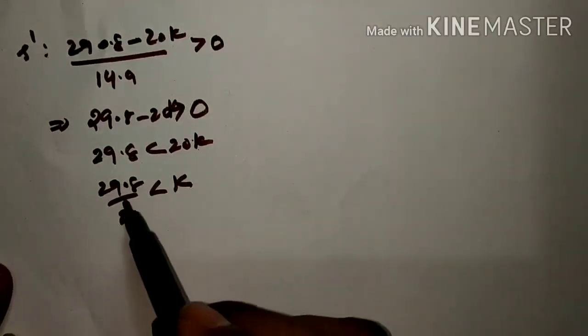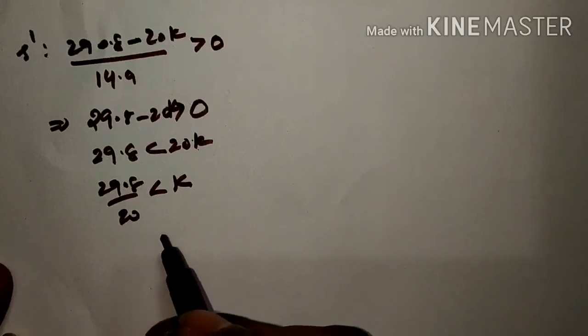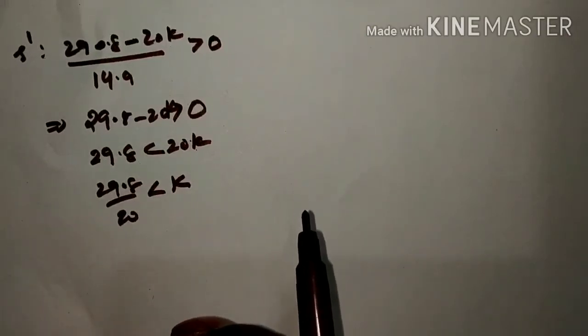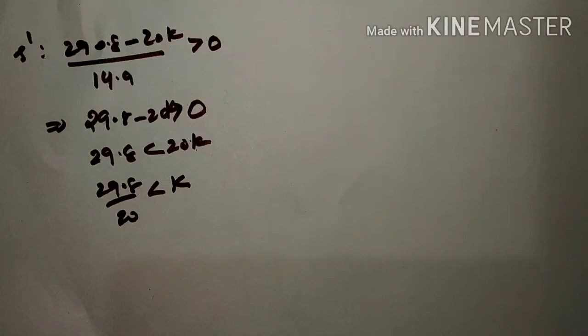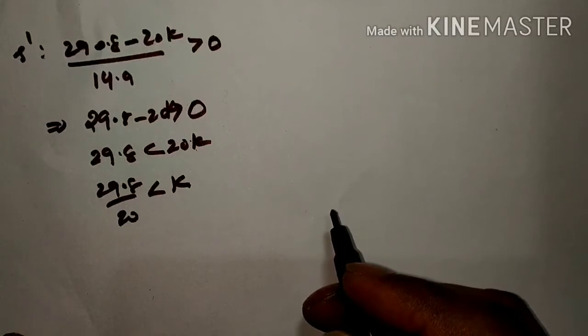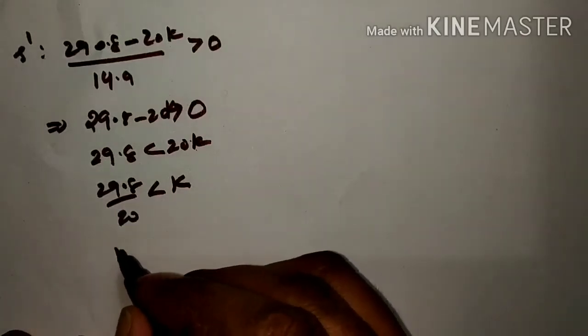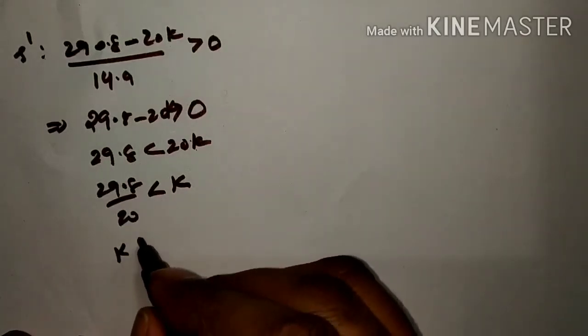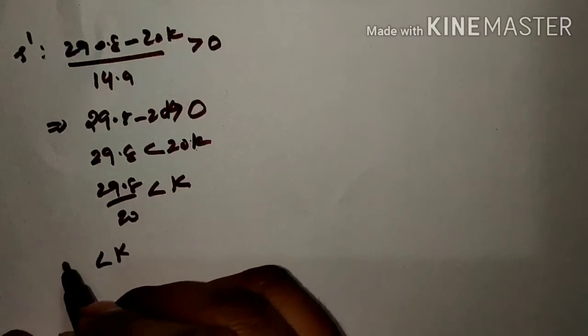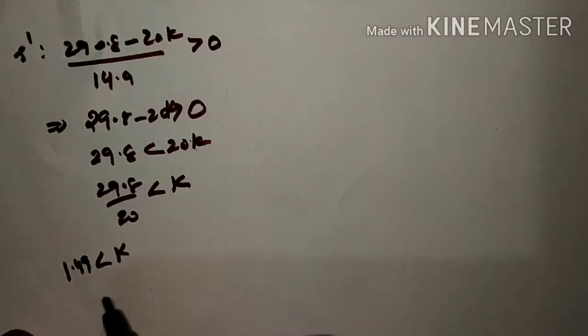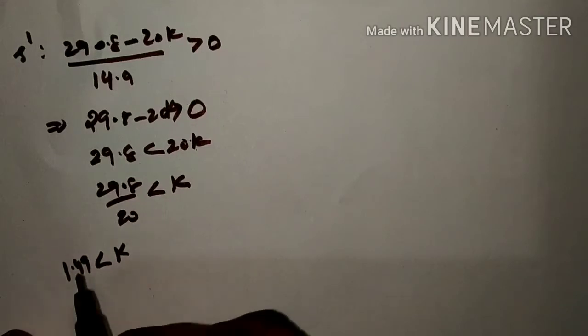Then what is this value? 29.8 by 20, you will get 1.49. So the k value should be less than this value.